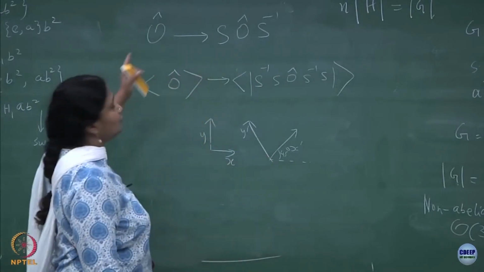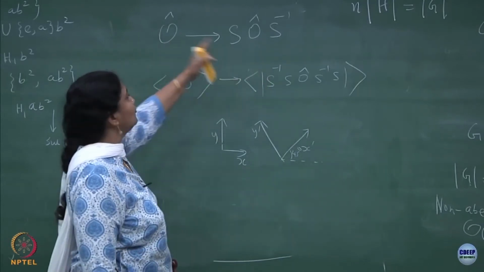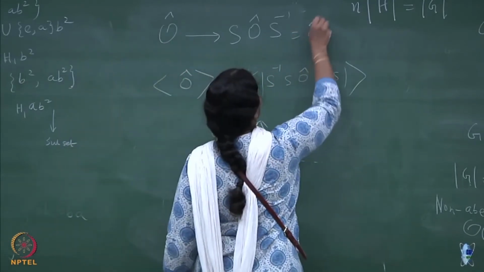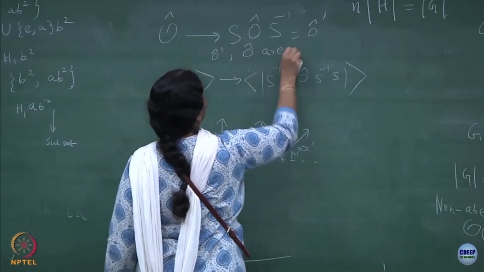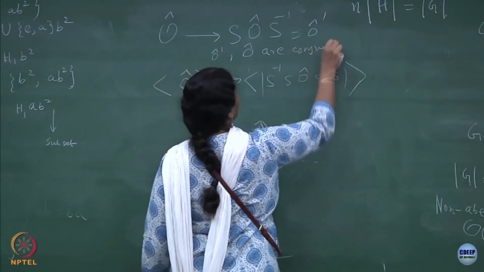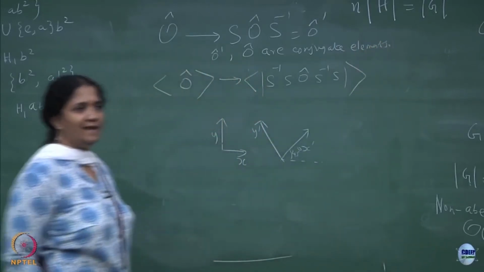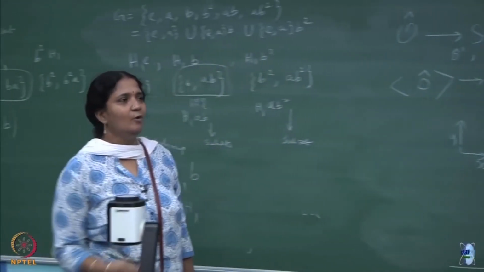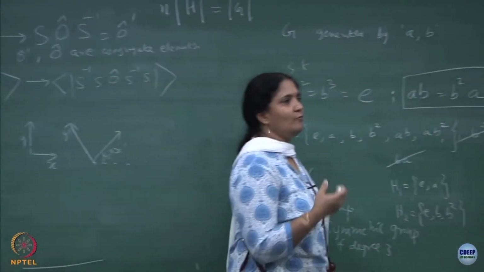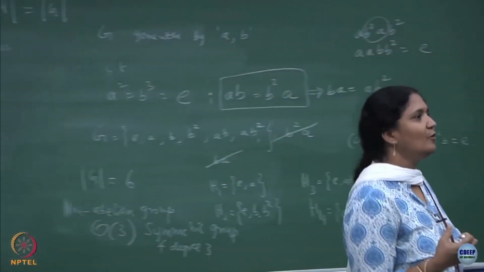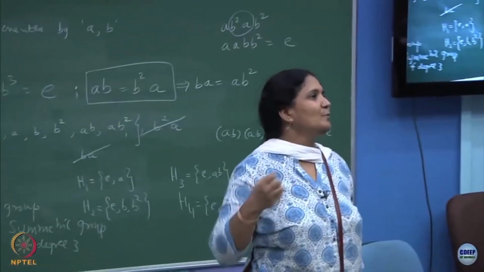So, anything which you find by the similarity transformation, we say it is like those two elements. Suppose this is giving me O prime, I will say O prime and O are conjugate elements. I will explain it in the group context, but just to give you a motivation, we want to keep track of these conjugate elements, because not much physics information is obtained by treating them as distinct elements.